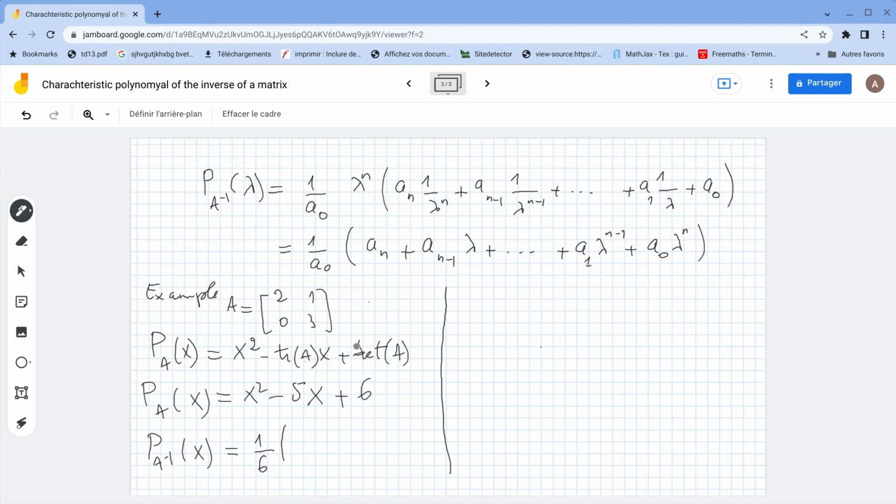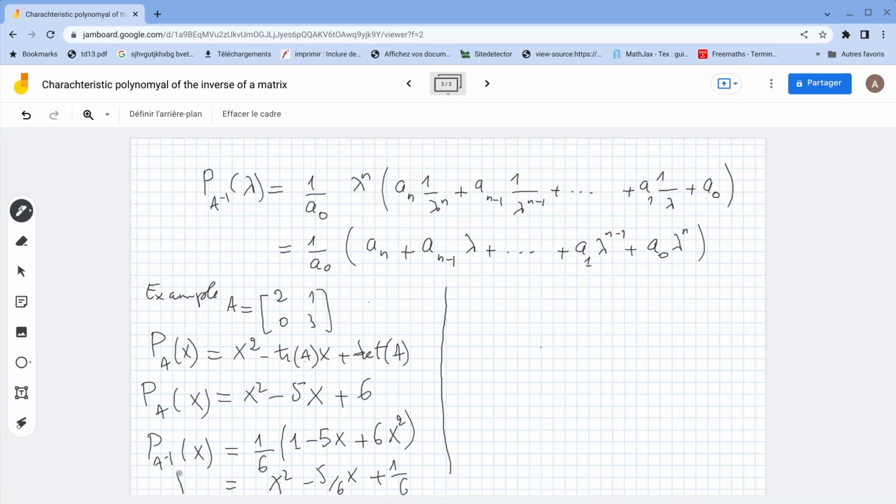And then I write a_n is 1 plus 5x plus 6x^2, which I can rearrange. 1 by 6 times 6x^2 is x^2 minus 5 by 6 x plus 1 by 6.